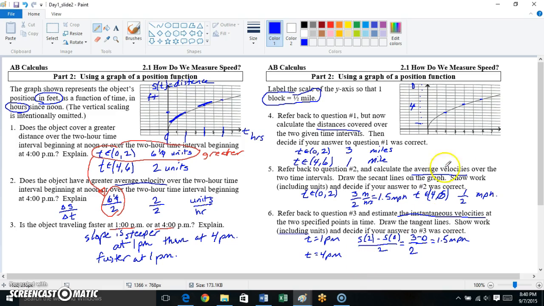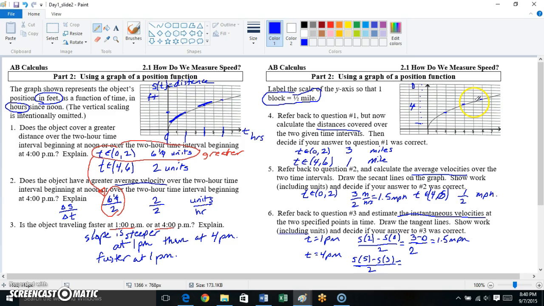At 4 p.m., using 3 and 5 as our surrounding interval, we'll use s of 5 minus s of 3. Again, it's over a 2-hour time interval.